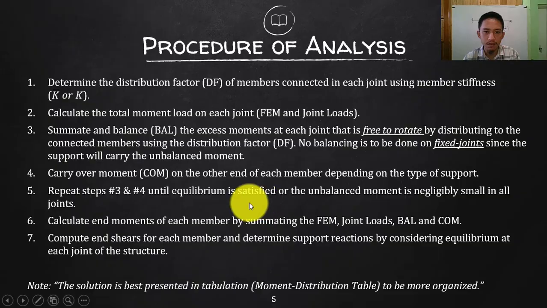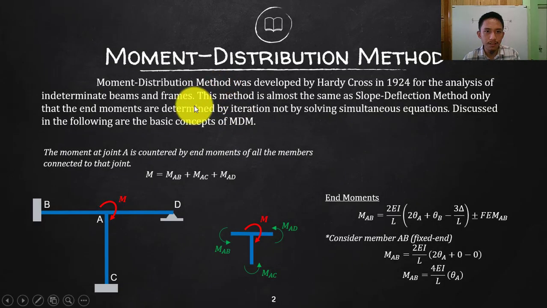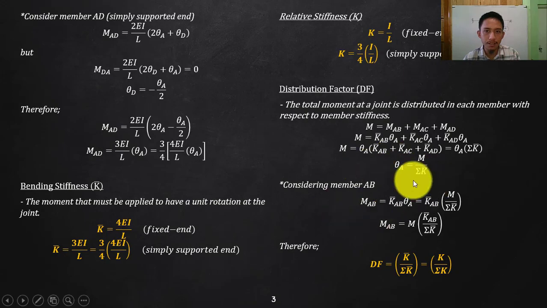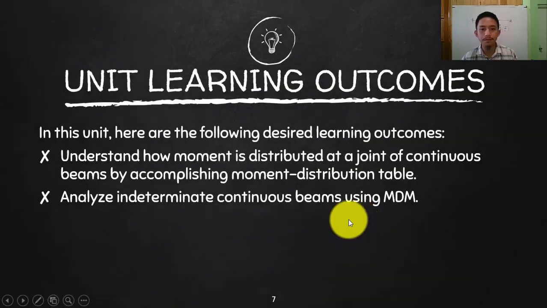Go back again there. Carry over moment. If that is a simple support, there should be no carried over moment. And if that is what we call a fixed, that is just one half to be carried over.